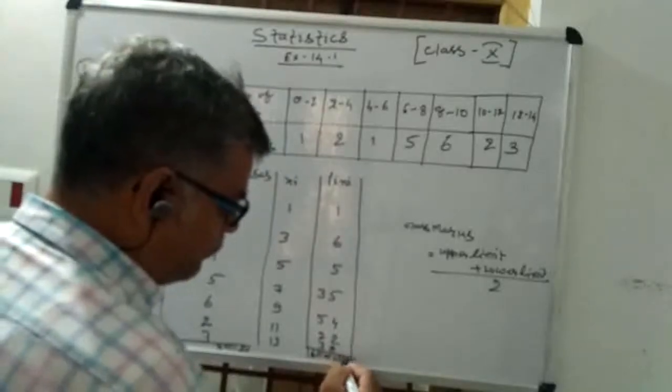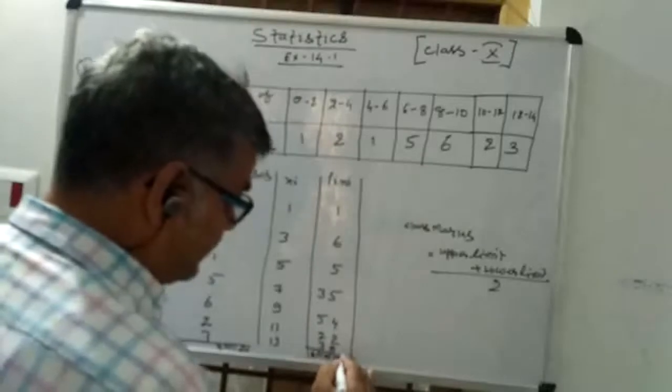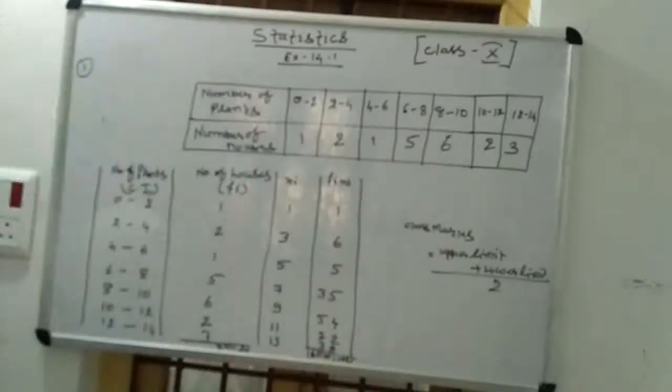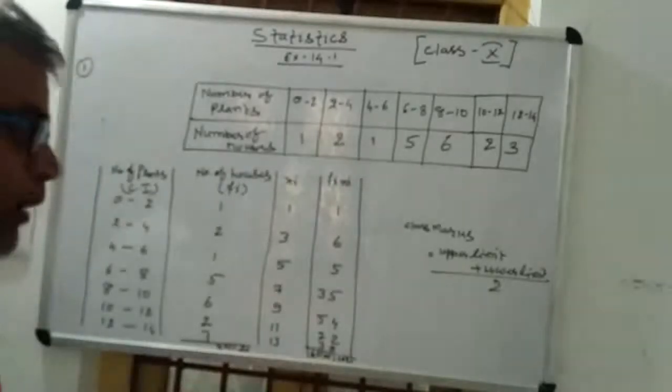So the sum of Fi Xi will become 162. You got the summation of Fi Xi equals 162.